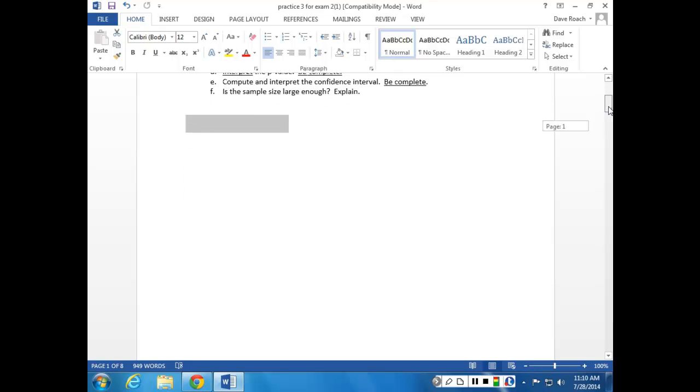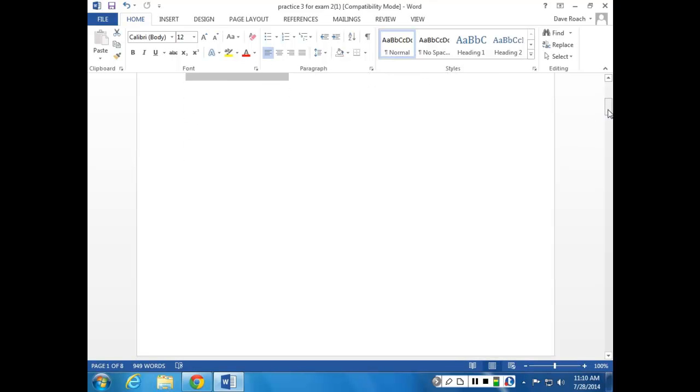Okay, so now for the p-value and drawing the sampling distribution. Make sure you label the axis with whatever the statistic is in the problem.